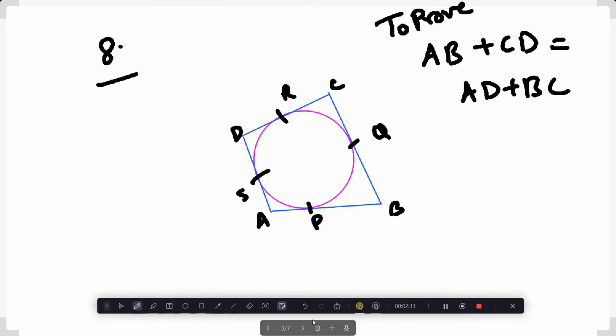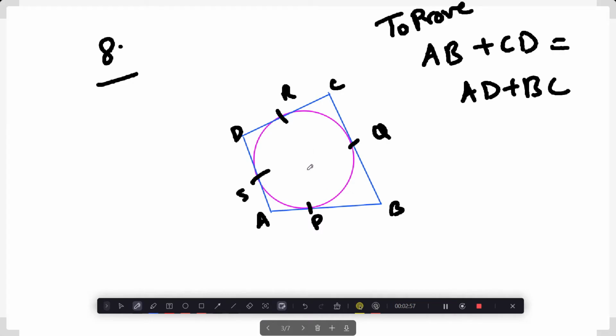Let's move on to question number 8. Here we have been given that a quadrilateral circumscribes a circle, and we have to prove that the sum of opposite sides is equal. I'm just going to give you the method.